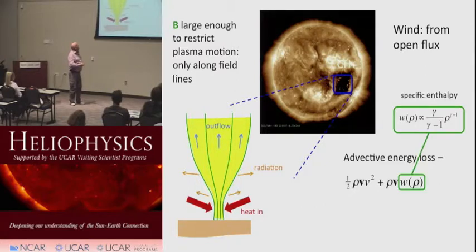I have the loss of, well, 3 actually, kinetic energy, which is very small. I have the advection of enthalpy, right? Rho times V times the enthalpy per unit mass, which is written here in terms of the adiabatic index of the gas in general. It's called the specific enthalpy.